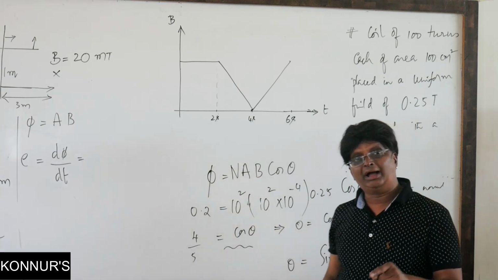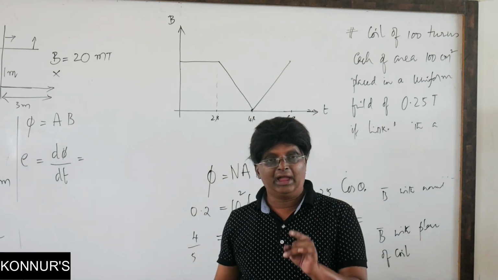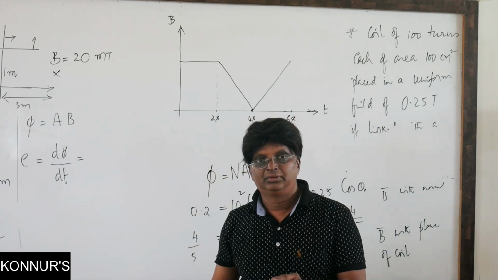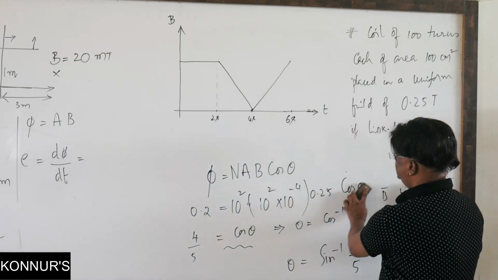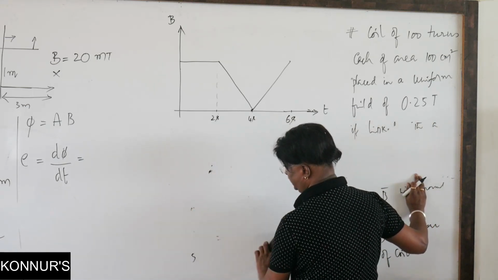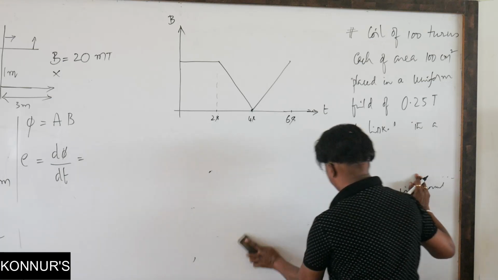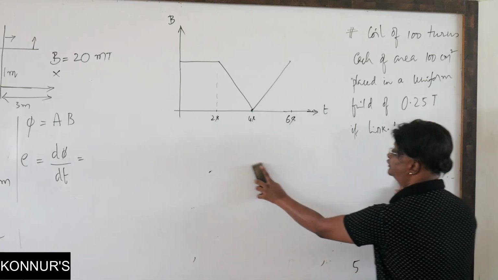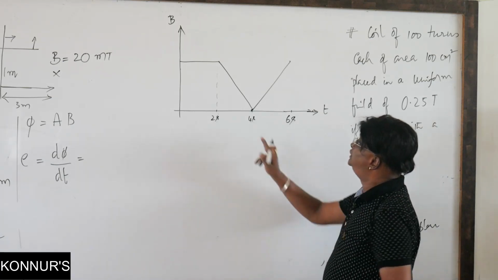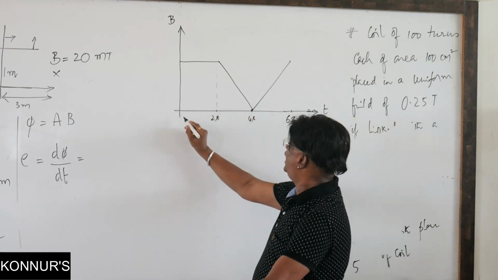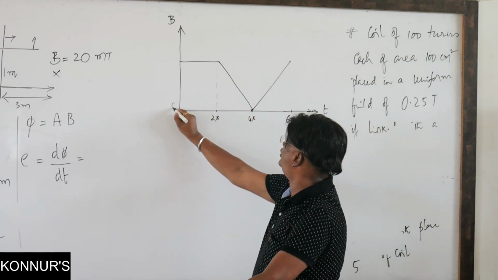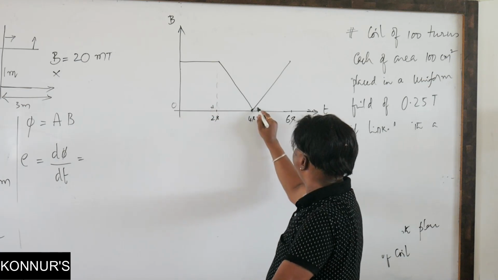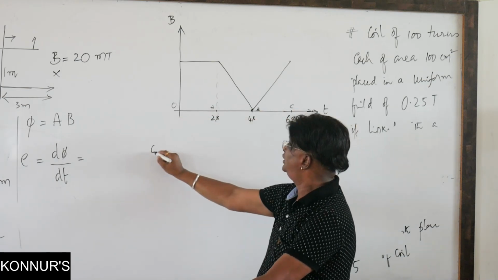Now you are asked to find the graph that represents time versus induced EMF. Time versus induced EMF is the question. Now here you can see, I will write this is O, this is A, this is B, and this is C. What is that we find?